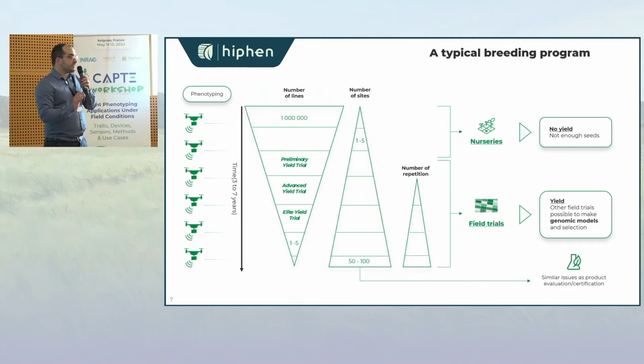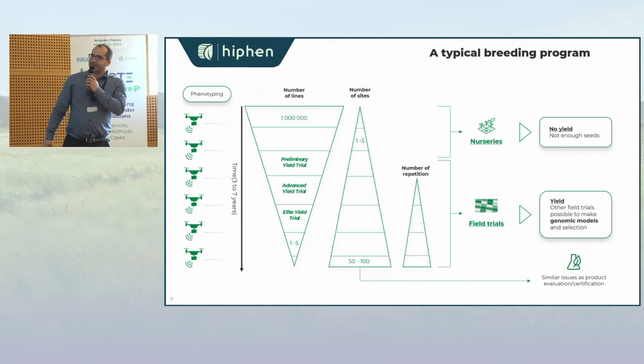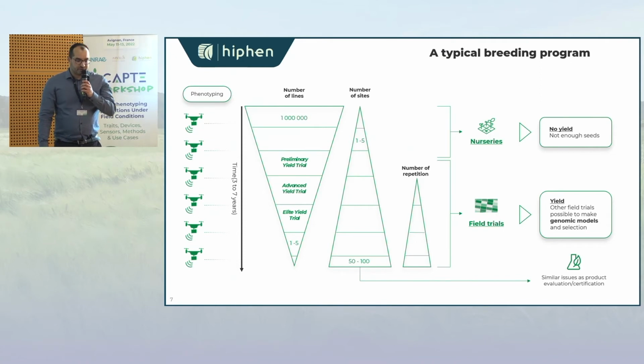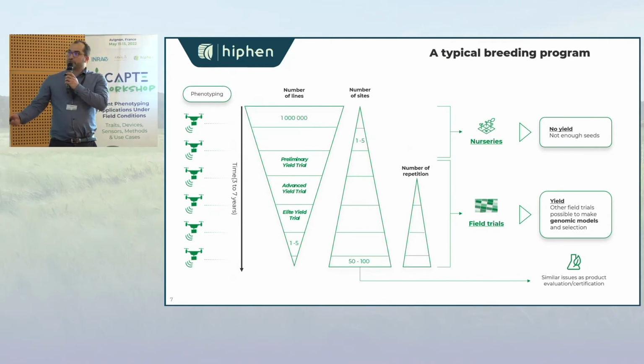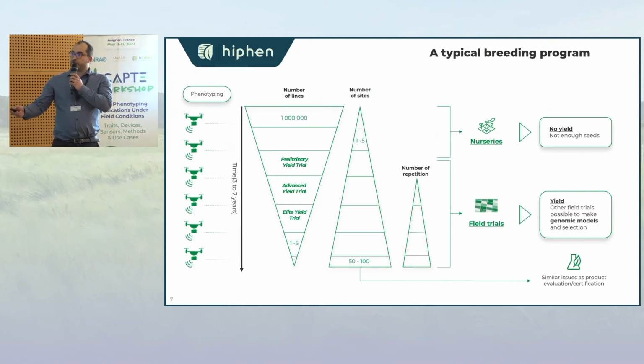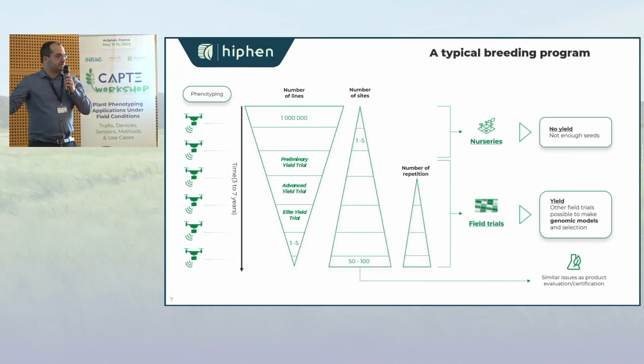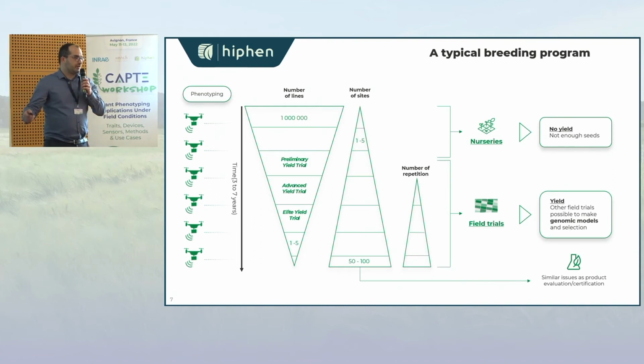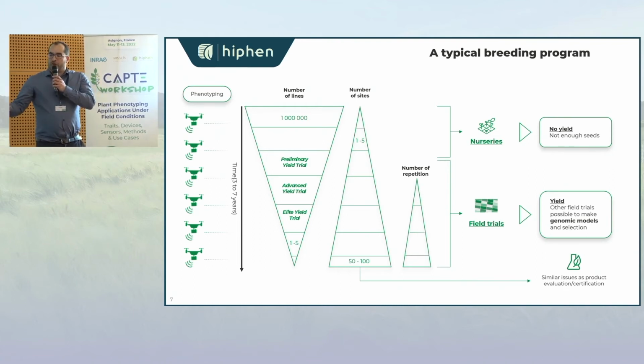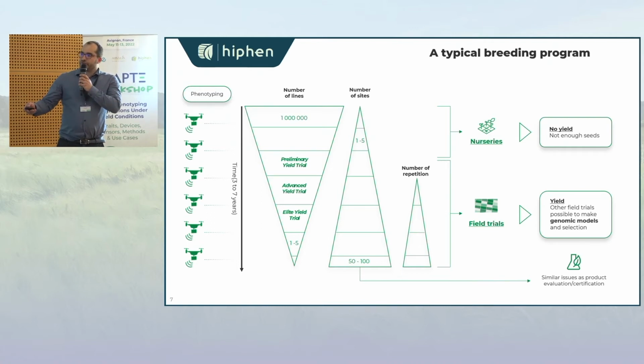From my understanding, I have a very limited knowledge, but basically a typical program, let's say the old-fashioned way they did it before, was really they make a lot of crosses and lines, and their job is to put to the garbage all those lines they made until they have a commercial cultivar after 5 to 10 years, depending on the situation.